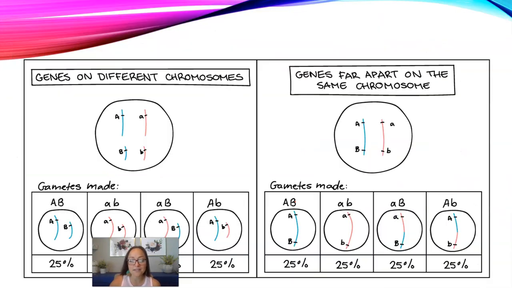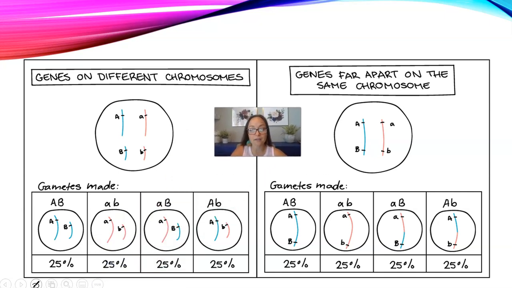Ideally, if you were looking at genes on different chromosomes and trying to calculate the probability of inheriting a dominant A and a dominant B, or a dominant A and a recessive B, they would have equal likelihood, as you can see here: a 25% chance, 25%, 25%, 25%, which is what we write at the top of a dihybrid cross.